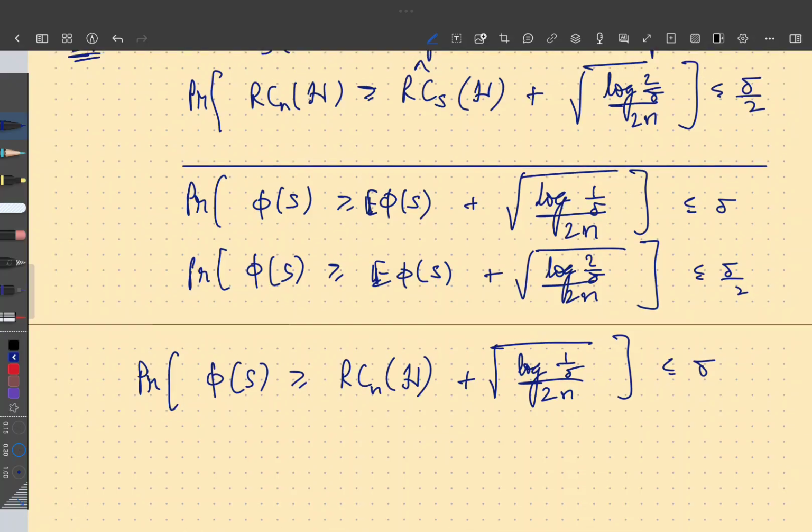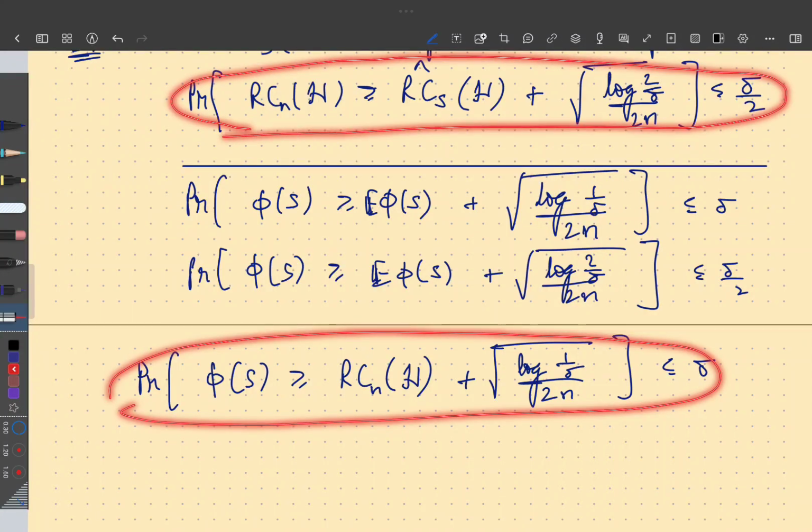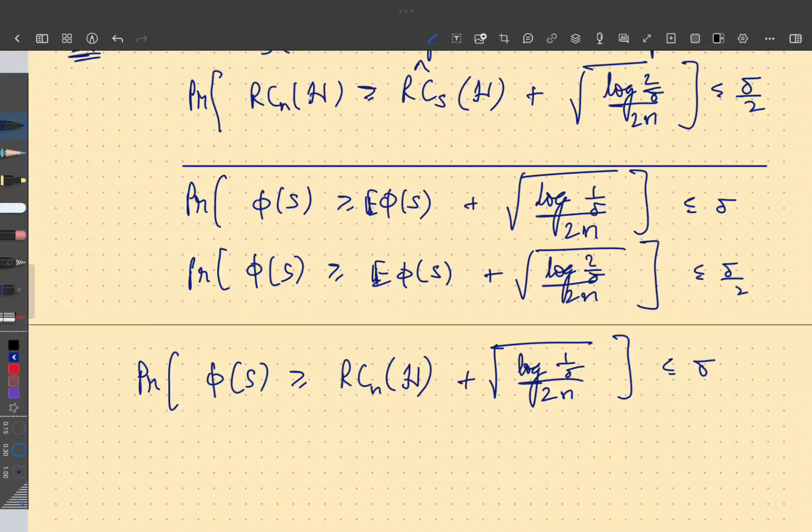Sorry, this should be 2 times the Rademacher complexity here.